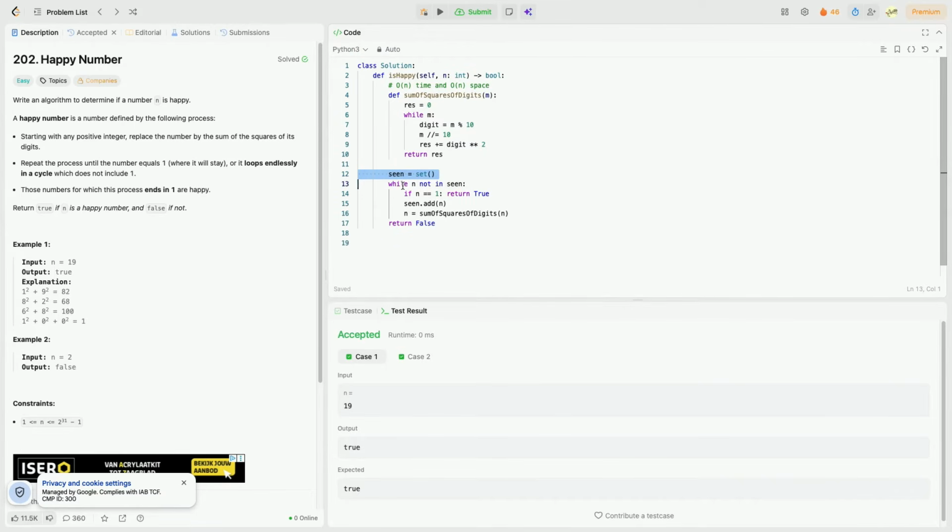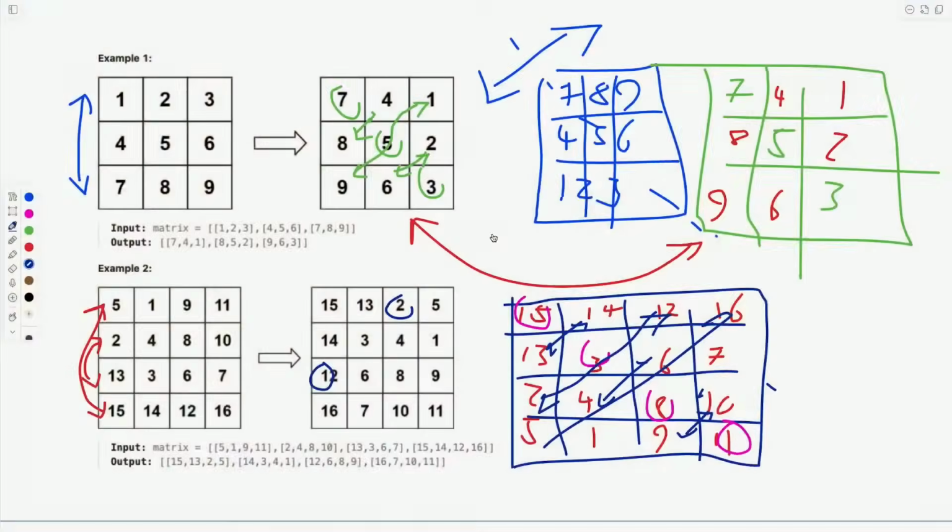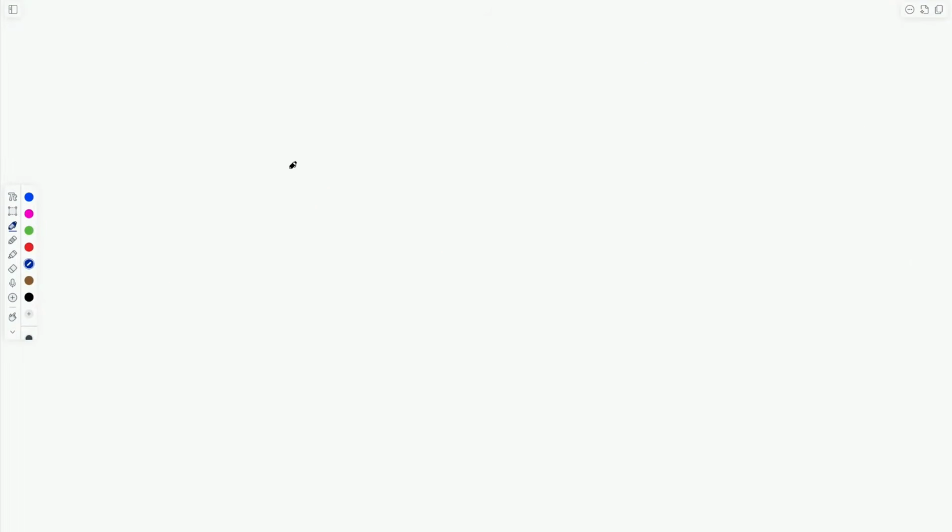And the intuition is that, actually, let's go to the drawing board. If you have a cycle of numbers, or let's just say, you have a linked list that has a cycle like so. And you don't know where the cycle starts, right?